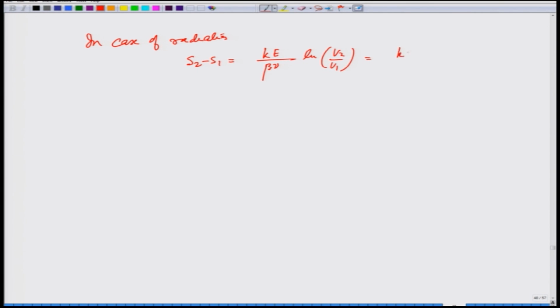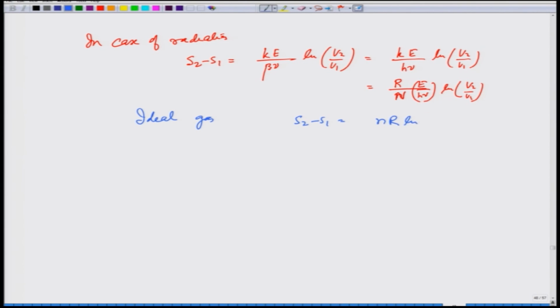So, this is K E over h nu log of V 2 over V 1, which I can write as K is nothing but R over N, the Avogadro number, E over h nu log of V 2 over V 1, and in gases S 2 minus S 1 comes out to be N R log of V 2 over V 1.